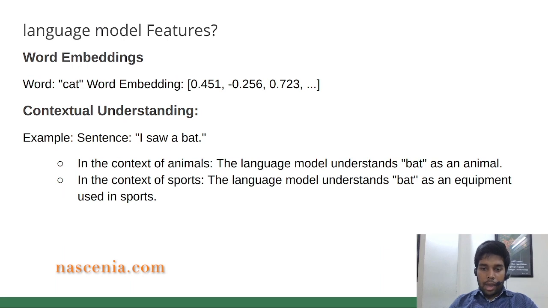In the context of animals, the language model understands bat as an animal. But if you use this sentence in a sports context, the language model would understand that bat is an equipment. So if you're from Japan and you play baseball, or if you're from the Indian subcontinent and you play cricket over there, you would know that a bat is something used to hit a ball. So it is an equipment.